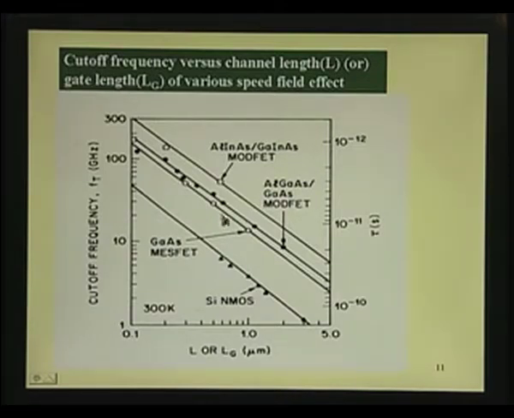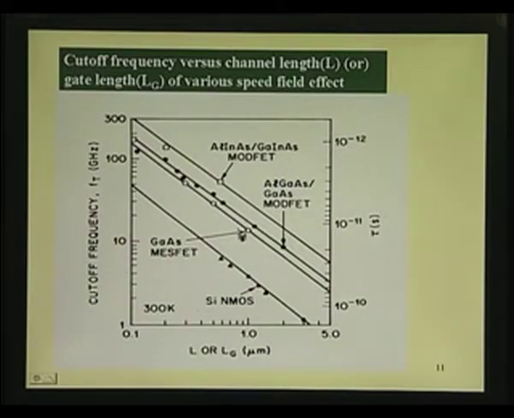Please do not worry about these terminologies, it looks like big jargon, but notice one thing, this curve is even above this curve. This one is based on gallium arsenide material, where higher mobility is there. The next curve on top is based on another device consisting of gallium arsenide and aluminum gallium arsenide.